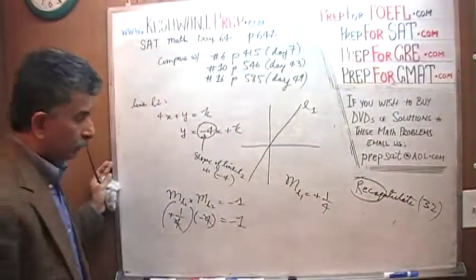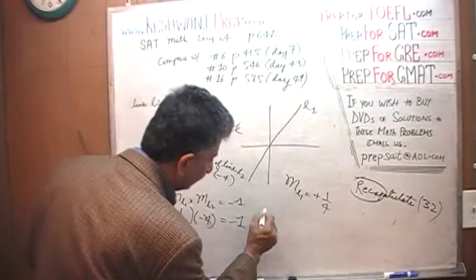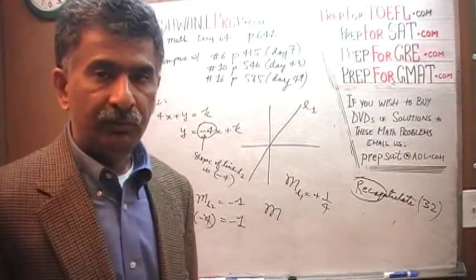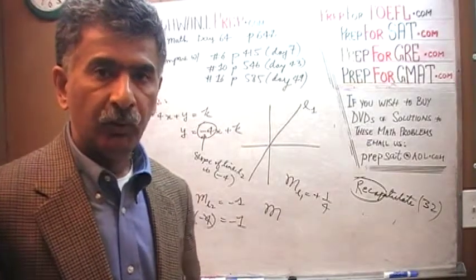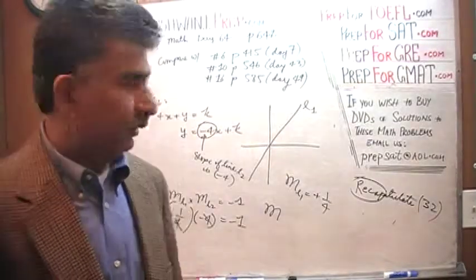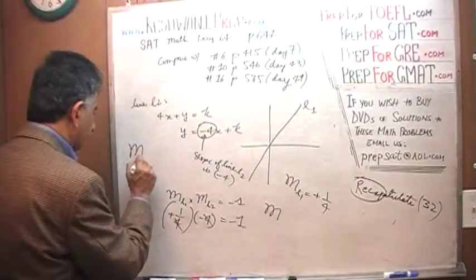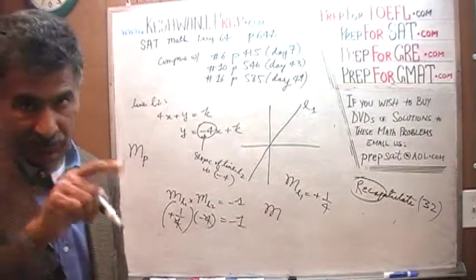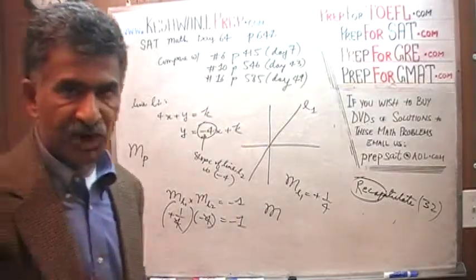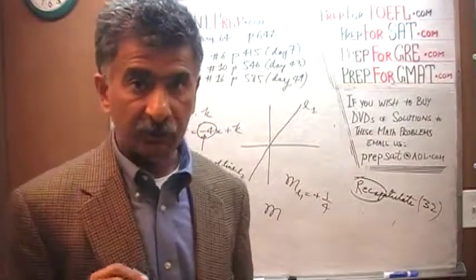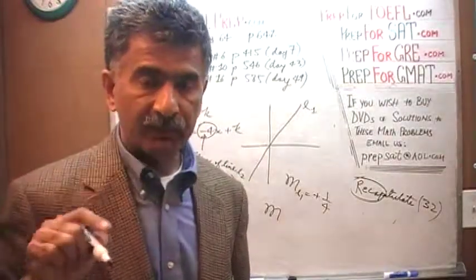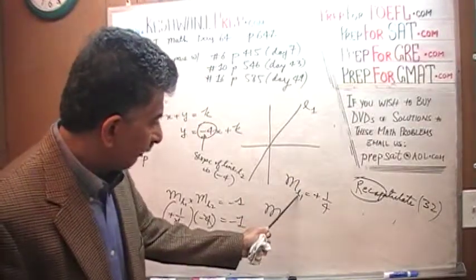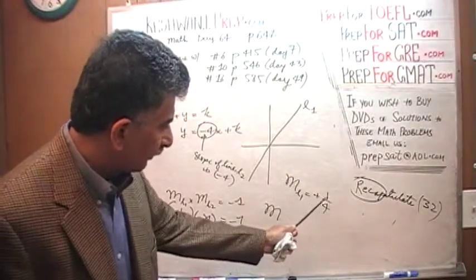For those of you who have trouble understanding the symbol I just used, the letter M is traditionally used in mathematics to denote the slope of any line. For example, M subscript P would denote the slope of line P in the context of the problem. If the problem is dealing with geometry with a whole bunch of lines and one of the lines is called P, then M with subscript P denotes the slope of line P. Here, M subscript L1 tells us the slope of line L1 is positive 1/4.